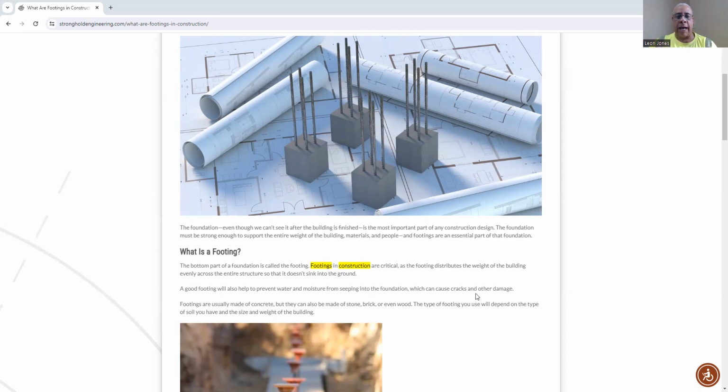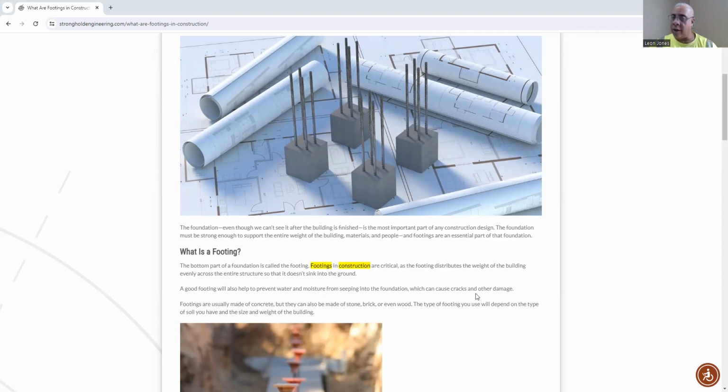Now, basically, the bottom part of a foundation is called the footing. Now, footings in construction are very critical as the footing basically distributes the load or the weight of the building evenly across the entire structure so it doesn't have any sinking.